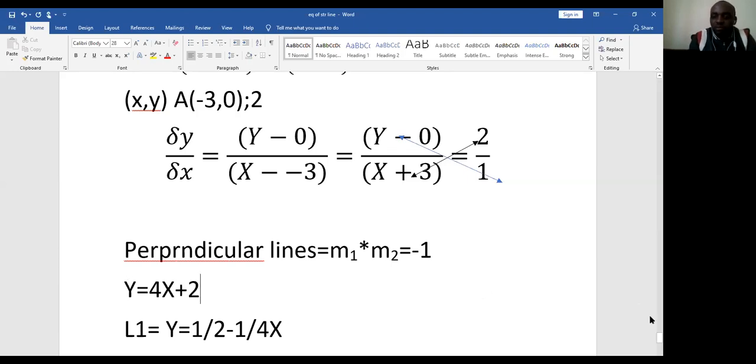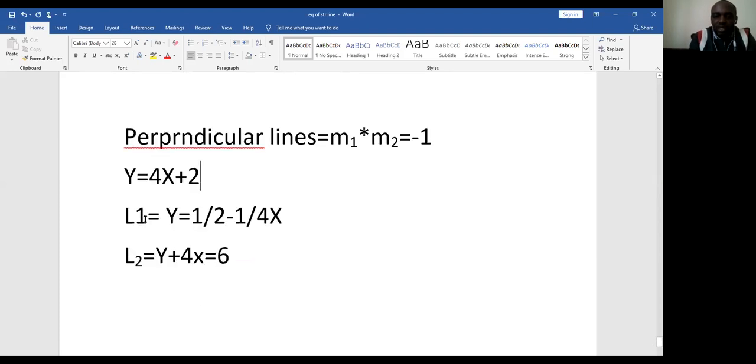So in this video, you're left with 5 minutes. So this line is L1, we write it like this. This is our line here, and we want to find which line is perpendicular to it.